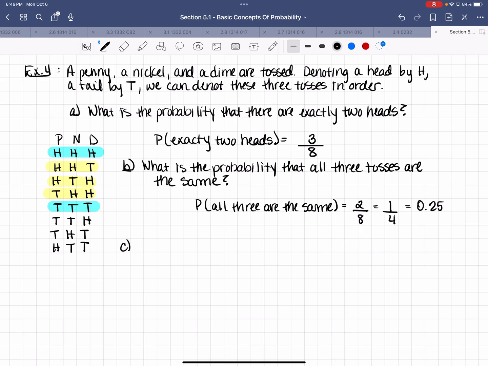C. What is the probability that the penny comes up heads?